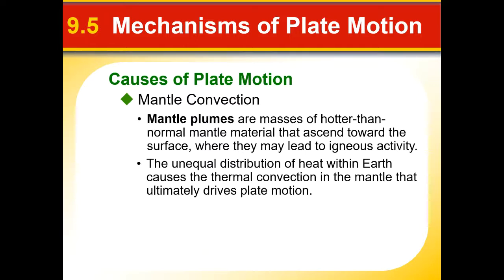The unequal distribution of heat within the Earth causes thermal convection in the mantle that ultimately drives plate motion, where at some parts of the mantle, after subducting, there are also parts where hot mantle material is rising that are not really related to divergence. This causes your mantle plumes.